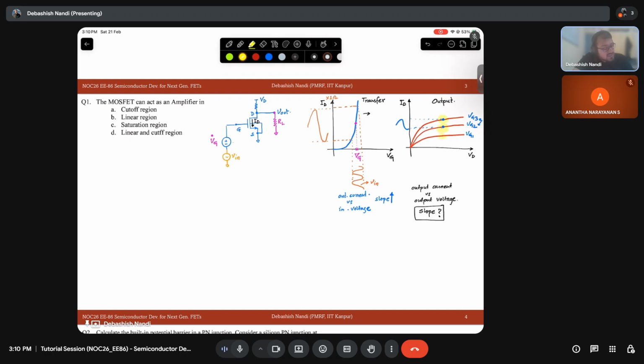Or the saturation region. This you know. But why so? If this is my VDSAT line, so this will be my saturation region, this side, the yellow highlighted portion. You know that your amplifier should be biased at this region. Can you tell me why that is so? Why is that so?